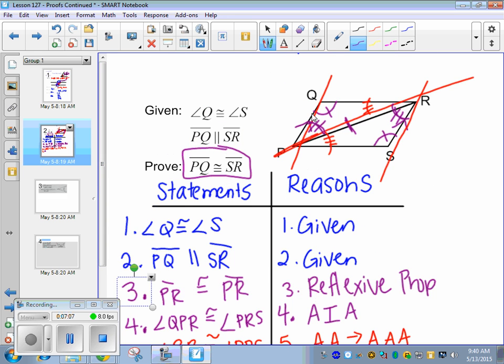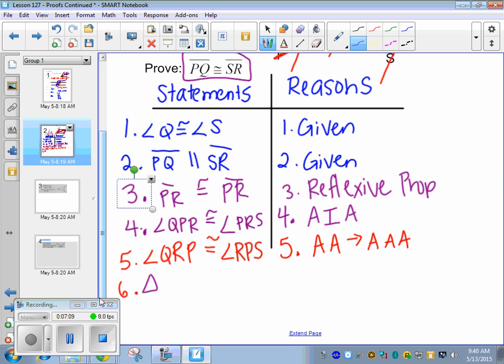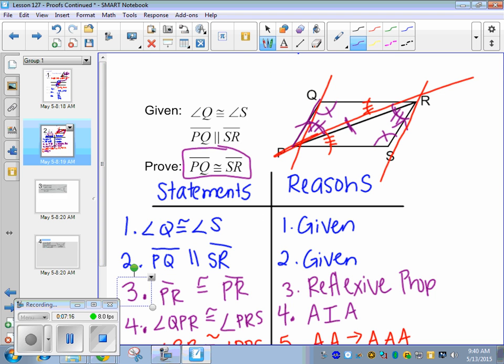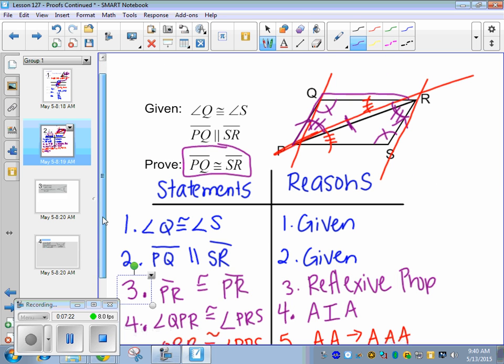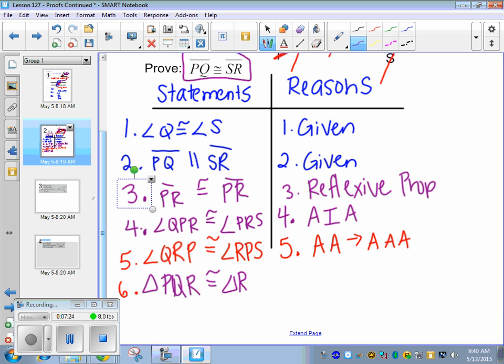So if I say PQR, we have to match it up with the same angles on the other side. So PQR is this, this, this. Then what triangle do I have to say on the other side? RSP. And my reason, Tom, that we know these triangles are congruent.